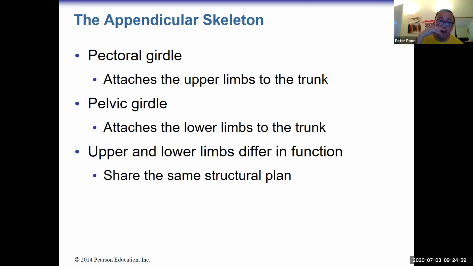The upper limbs and lower limbs differ in function, but they share the same structural plan. If you look at a four-legged animal, the four limbs don't really differ all that much. But since humans stand on two feet instead of four, our upper limbs are now better adapted to moving around.